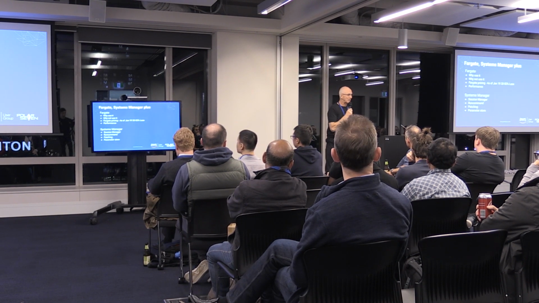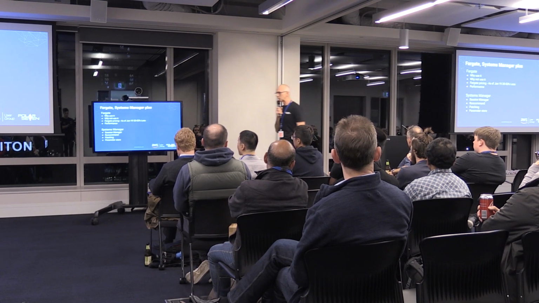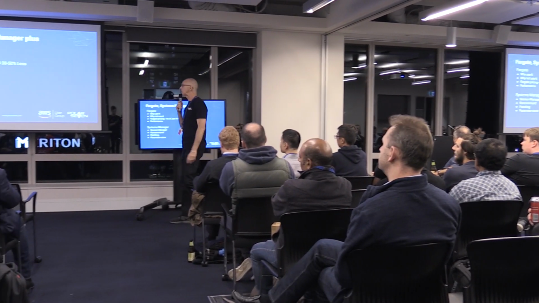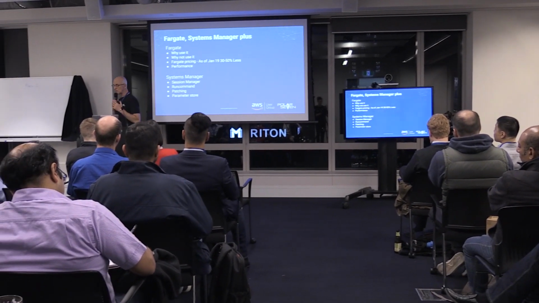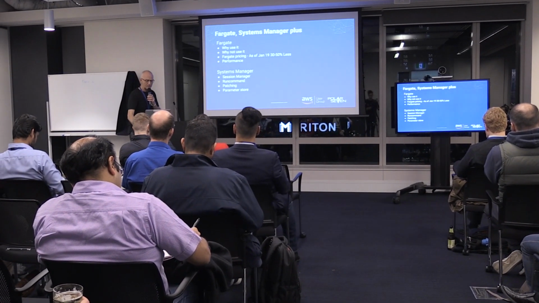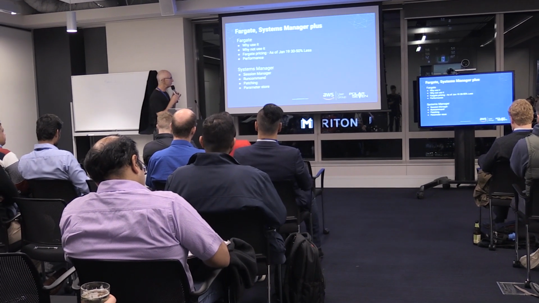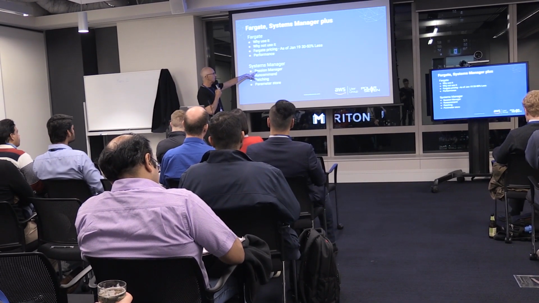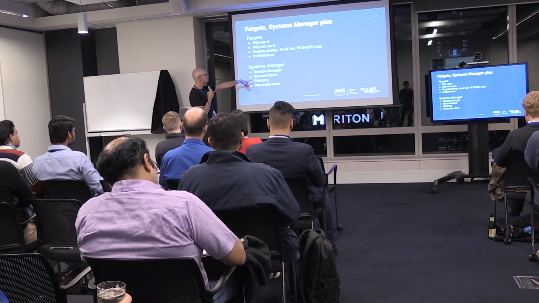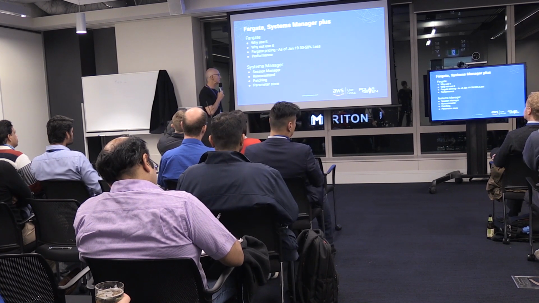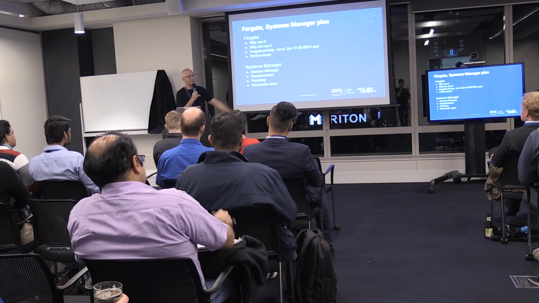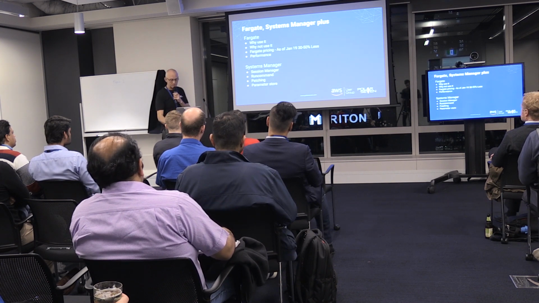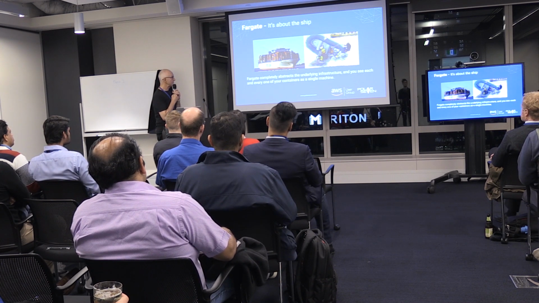So we're just going to go over why you would want to use it, when you'd want to use it, when you wouldn't want to use it, and what performance considerations there are. Then we'll go on to Systems Manager and have a look at Session Manager. Probably not that much on Run Command, but Parameter Store. There's something really cool you can now do with Parameter Store. So let's go to Fargate.